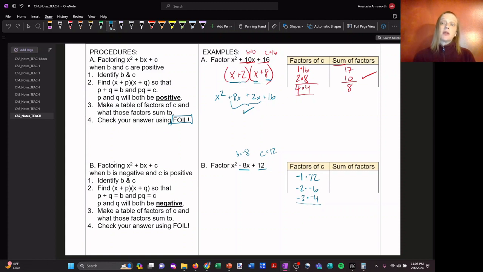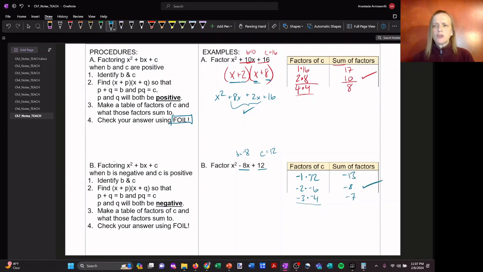My sum of factors: negative 1 plus negative 12 is negative 13. Negative 2 plus negative 6 is negative 8. Negative 3 plus negative 4 is negative 7. Again, notice when my factors are closer together in value, my sum is smaller than with my extreme factor values.